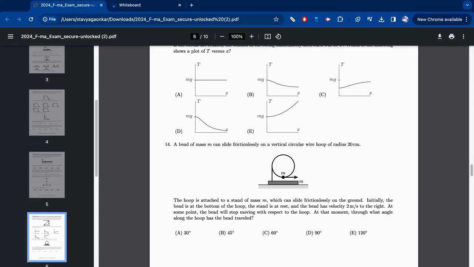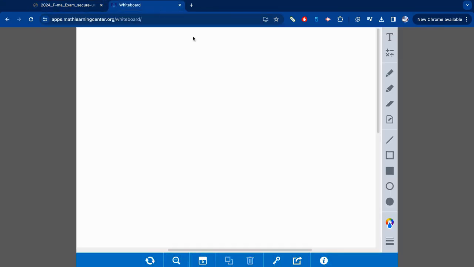Okay, so let's consider what happens when the bead stops moving. You have this bead on the stand. In what directions can the stand move?